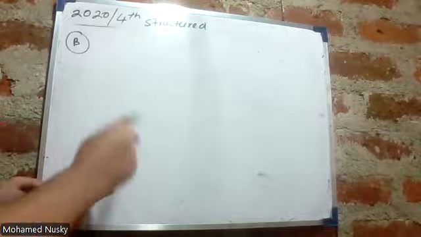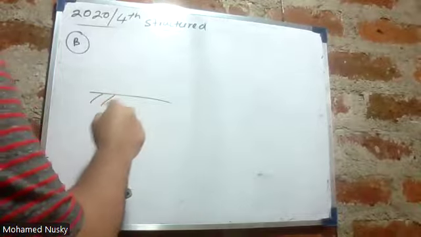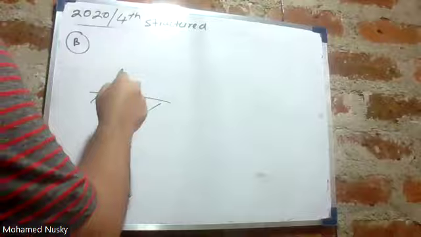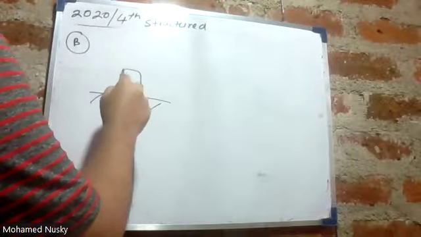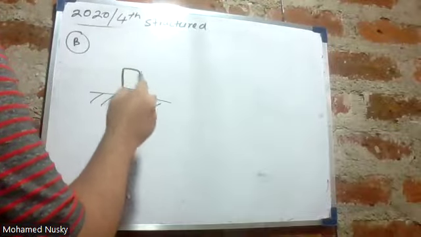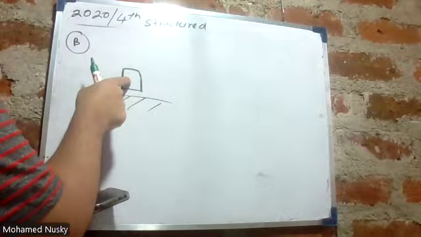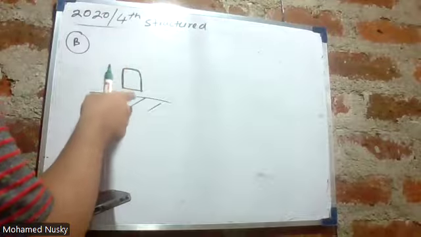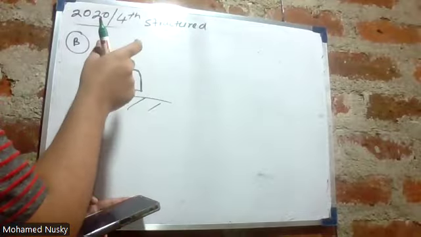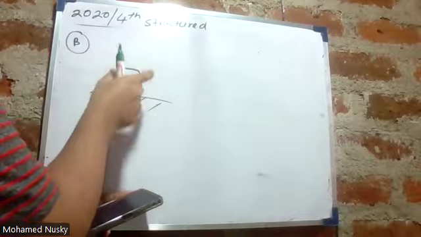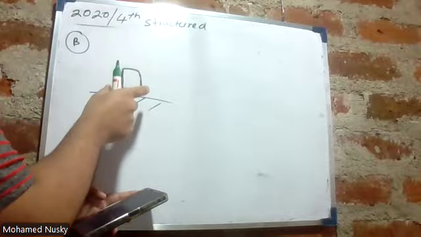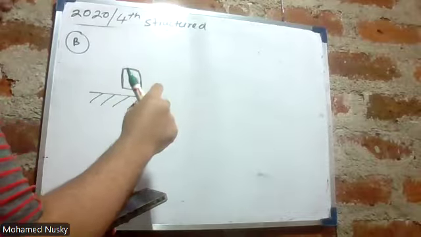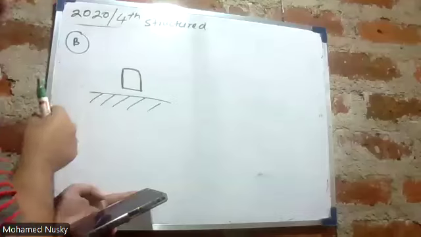Now, here is the surface, and I'm going to keep an object on it. If I just keep it, this box will be in contact with the surface, but in order to mark the forces accurately, at the exact point, I have drawn it with a space.